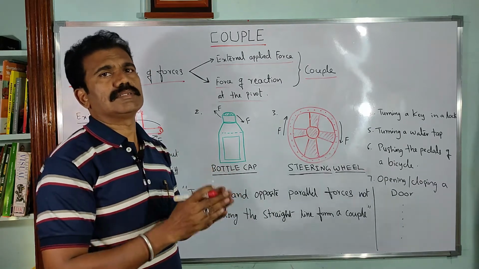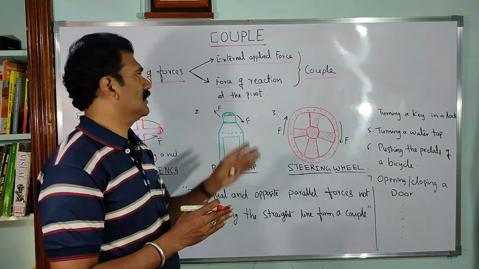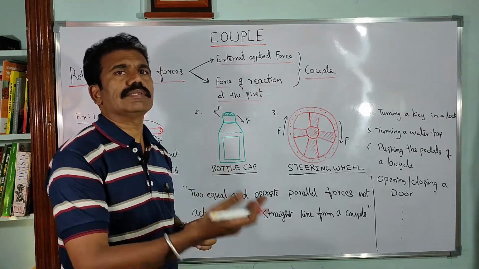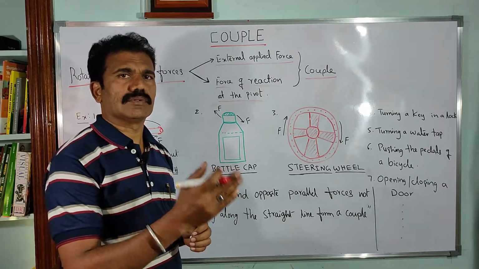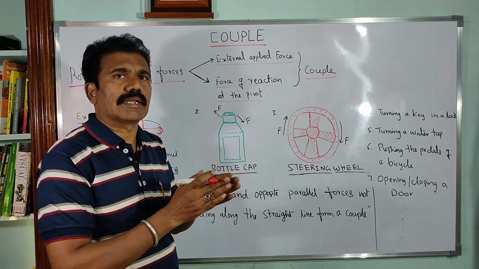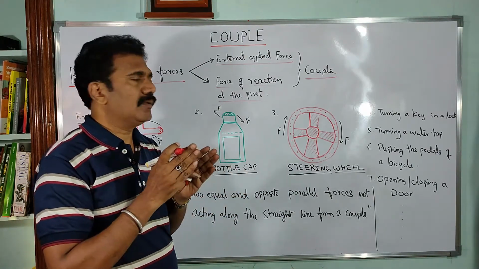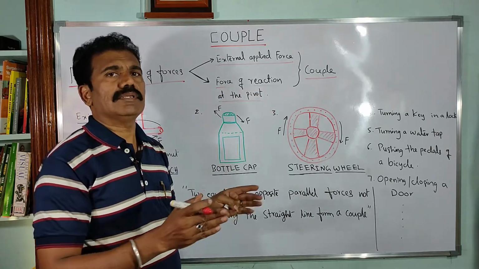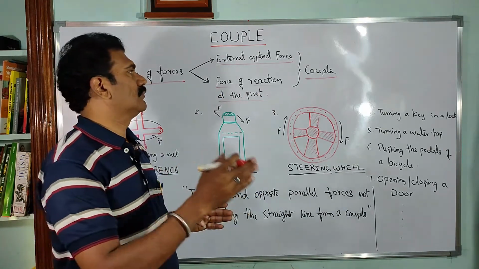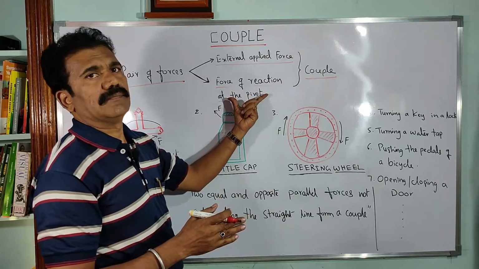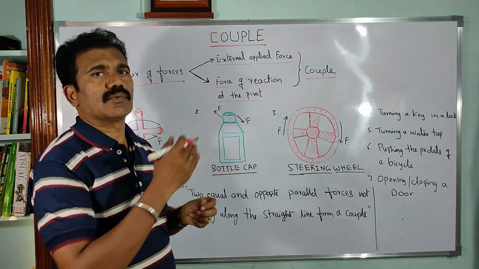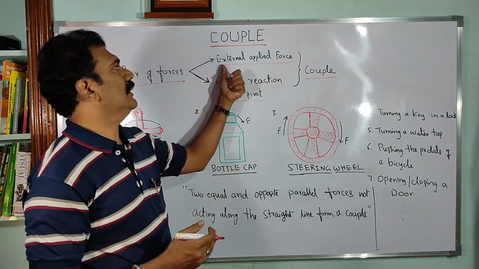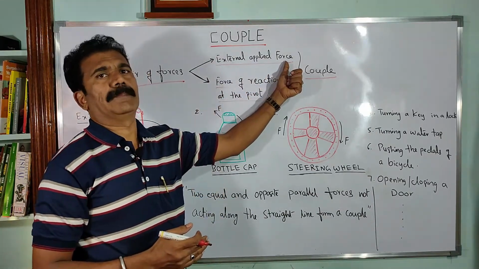But that distance is 0 in the case of the force of reaction at the pivot, and hence the moment of force is almost equal to 0 and is neglected. So we observe that rotation in a given body is due mainly to the external applied force only.